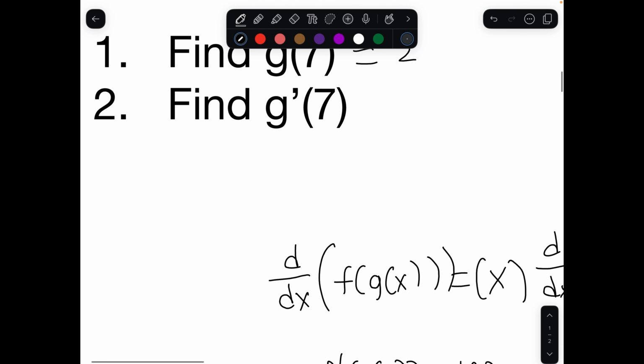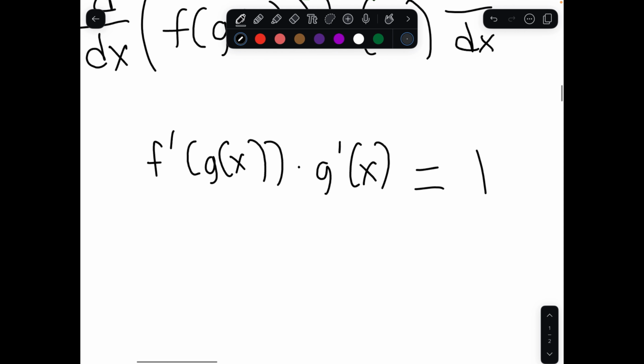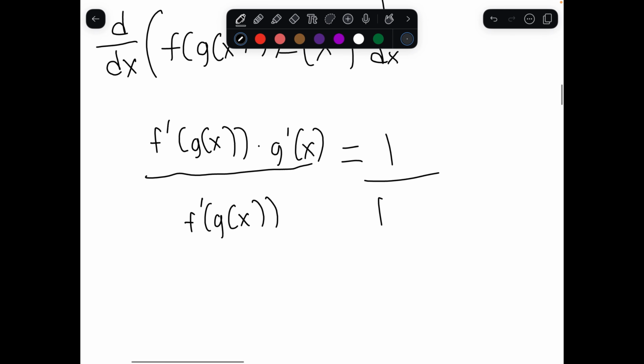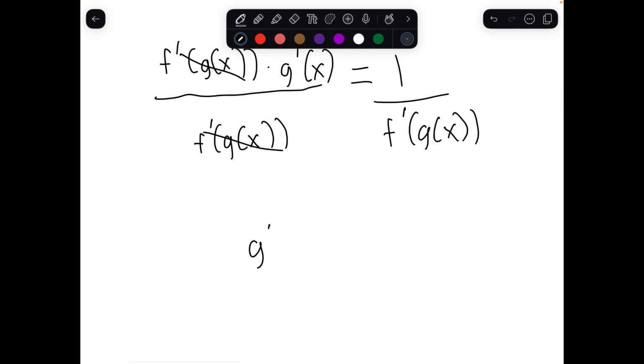Since we're solving for g prime of 7, and we have g prime of x right here, let's just get g prime of x by itself. So f prime of g of x cancels, so g prime of x equals 1 over f prime of g of x.